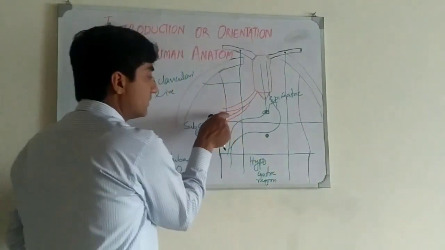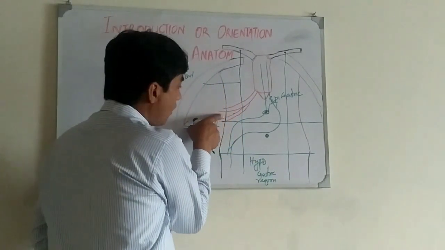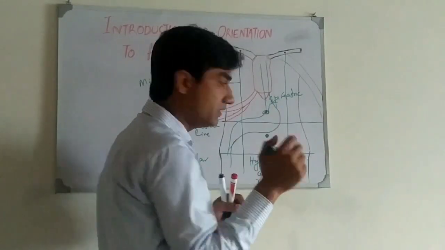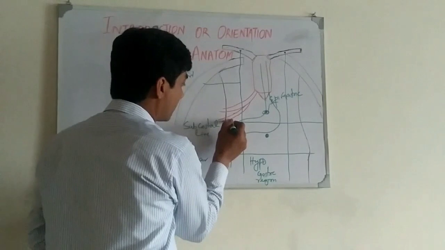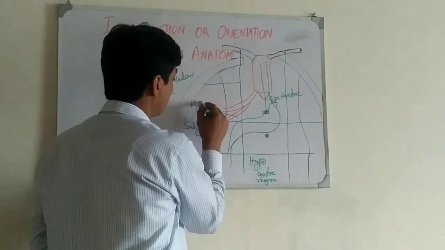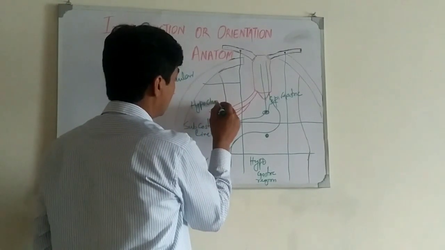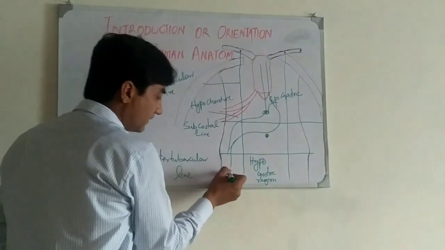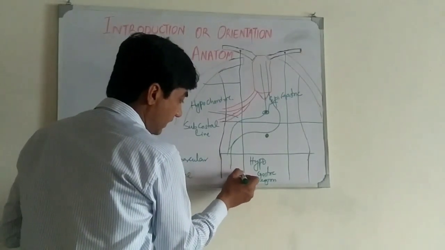This is costal or ribs. Ribs are also called the hypochondriac or chondric region. This is called the hypochondriac region. This region is also hypochondriac, and this region is at the inguinal site.